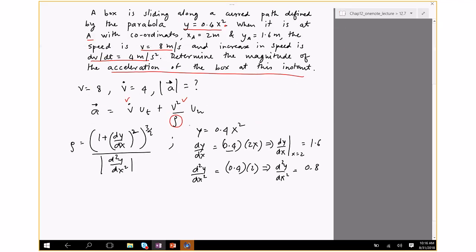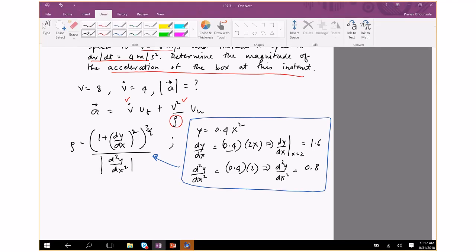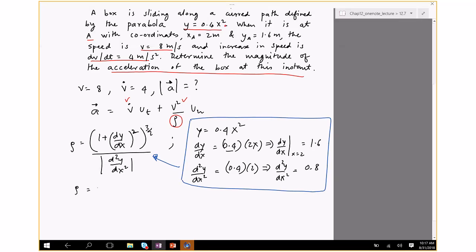Okay, so let's substitute this in that expression. One plus 1.6 squared, raised to 3 by 2, divided by 0.8. Don't forget the x.